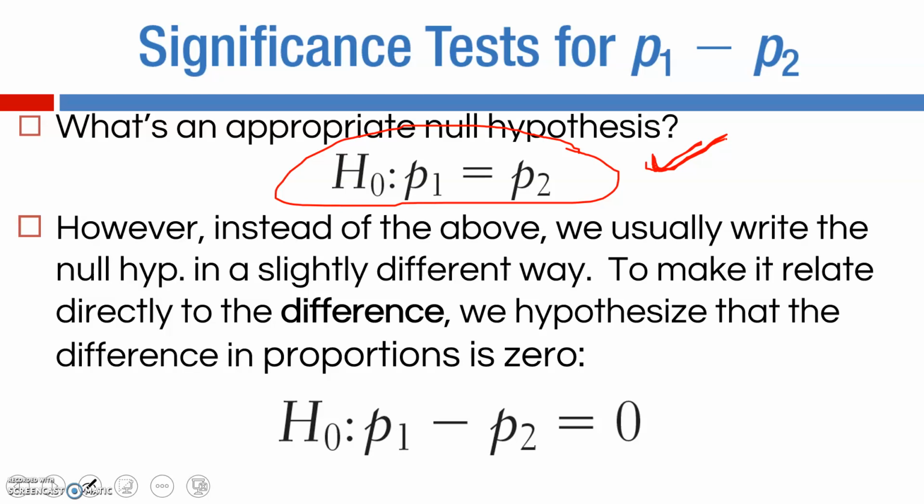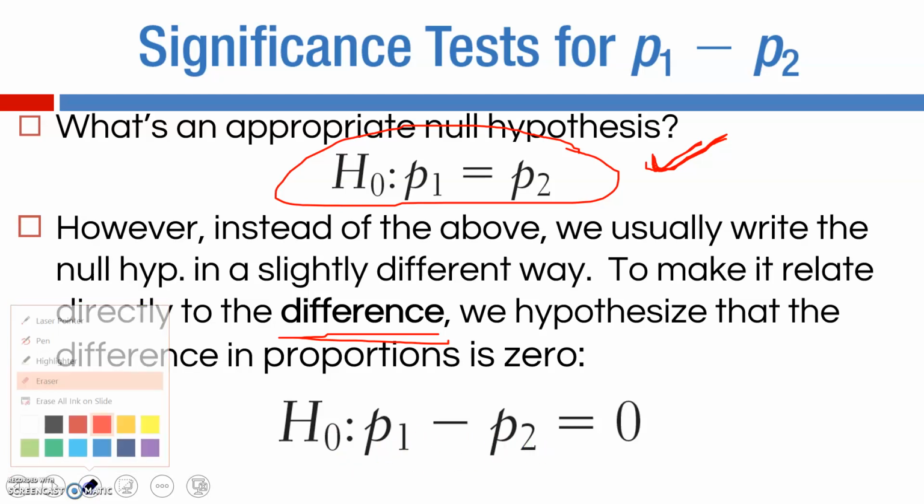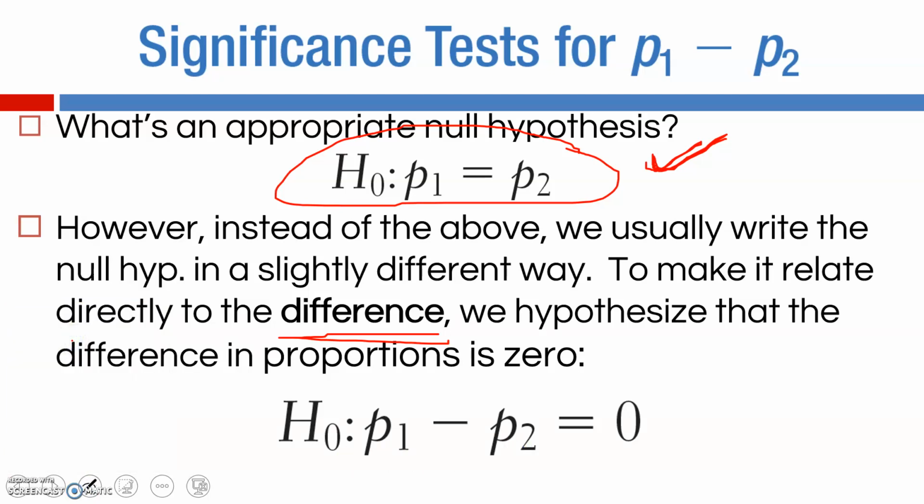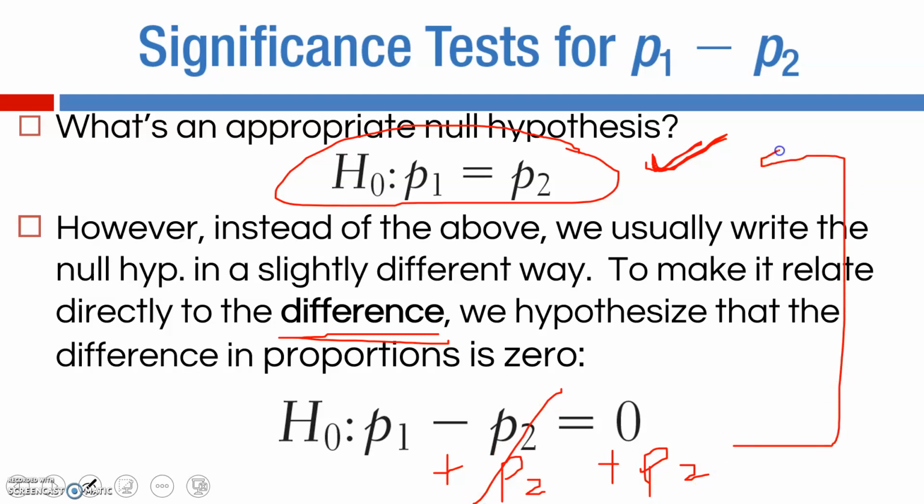But oftentimes, you'll see it written to emphasize a difference. You'll see it written out like this: P sub 1 minus P sub 2 is equal to 0. Now, these are identical. Algebraically, if you add P sub 2 to both sides, you get an equivalent expression.